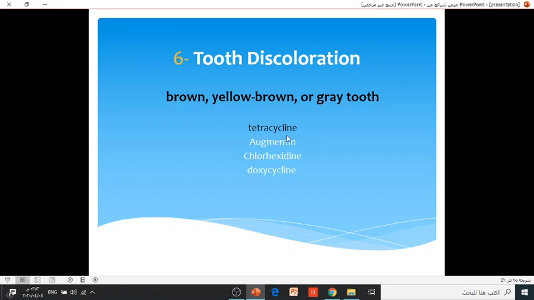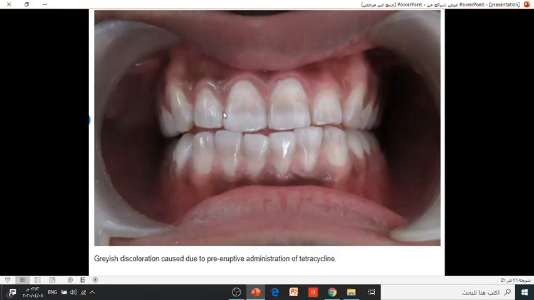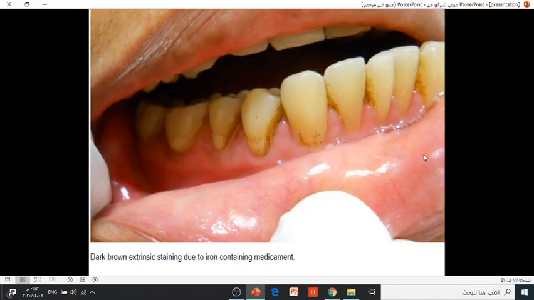The very famous one is tetracycline. Tetracycline, taken in the pre-eruptive period in children, could cause grayish discoloration of the teeth. It's an intrinsic staining, while iron-containing medicaments could cause extrinsic staining that could be managed by polishing the teeth.